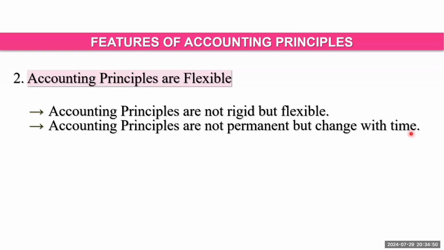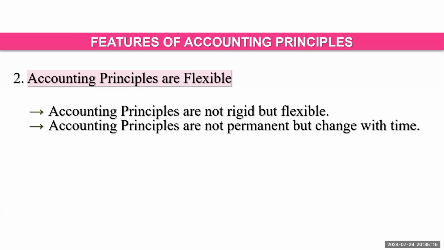We have to amend the accounting standard. We have to amend the accounting principle or concept. So the first point says that the principles are not rigid but flexible, and the second point says that they are not permanent. They may undergo a change over a period of time.